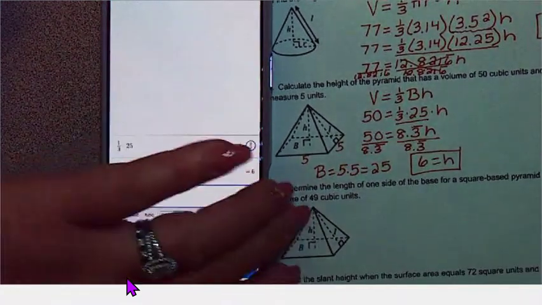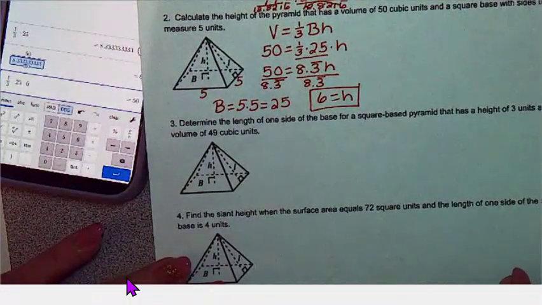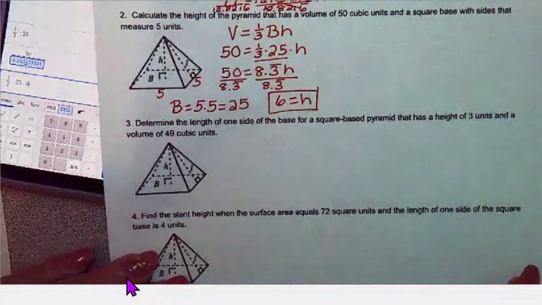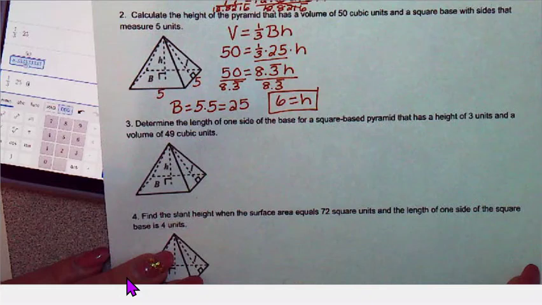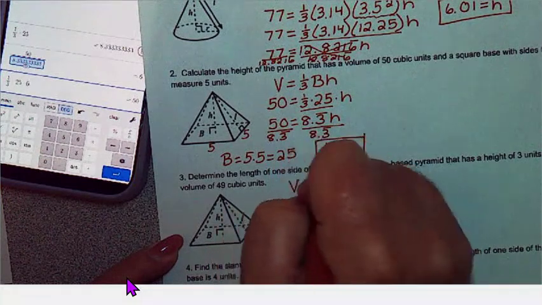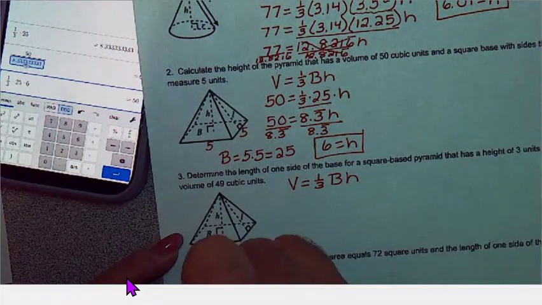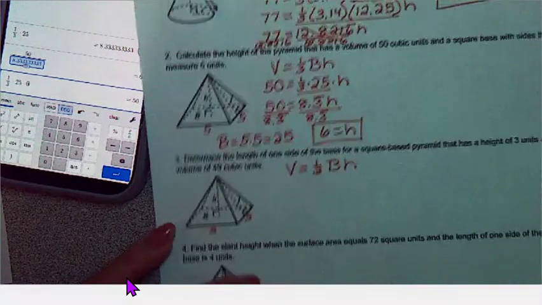All right, so let's look at number 3. Determine the length of one side of the base of a square base pyramid that has a height of 3 units and a volume of 49 cubic inches. Since you have volume of a pyramid, we're going to be doing volume equals 1/3 BH. Now, this is asking you to find that side length.